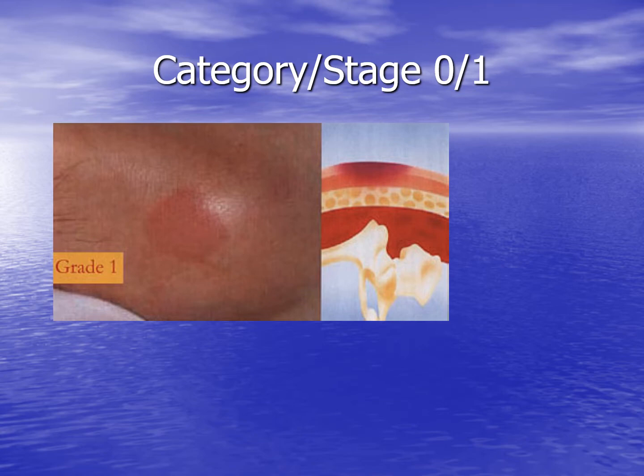If it's category 1, it will stay red when you press it, so it'll be non-blanching. I believe category 0 could also be referred to as marking by some people.